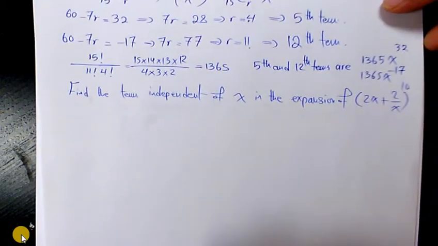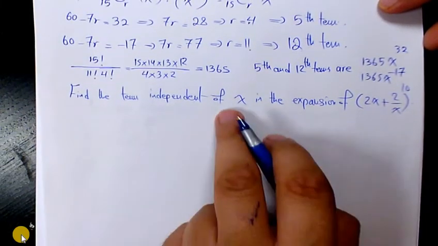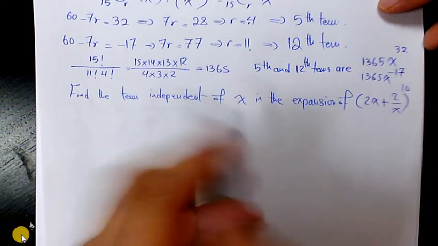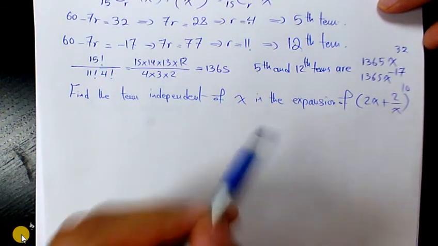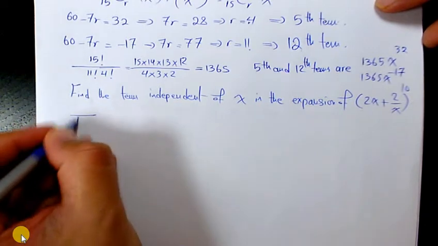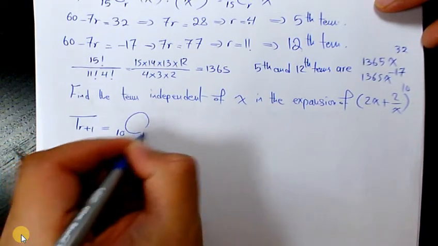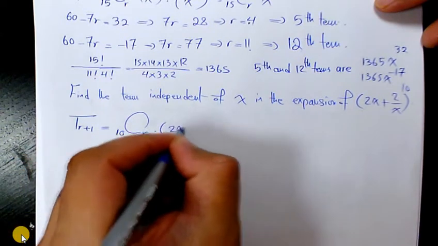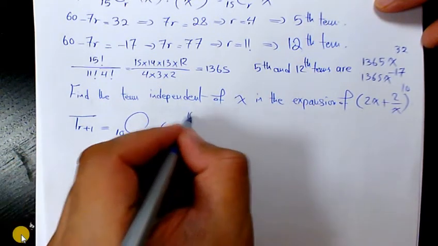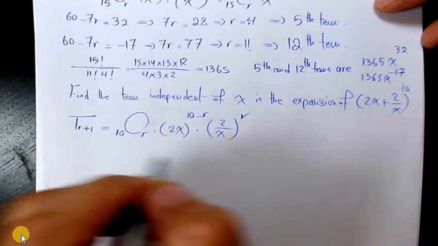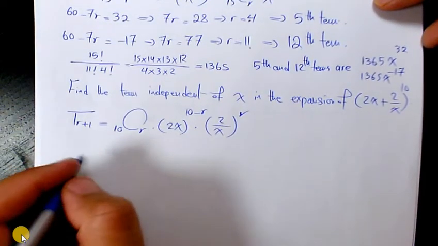Next one. Find the term independent of x in the expansion of (2x + 2/x)^10. When it says independent, it means x to the power of 0. So T(r+1) is going to be 10Cr (2x)^(10−r) (2/x)^r.